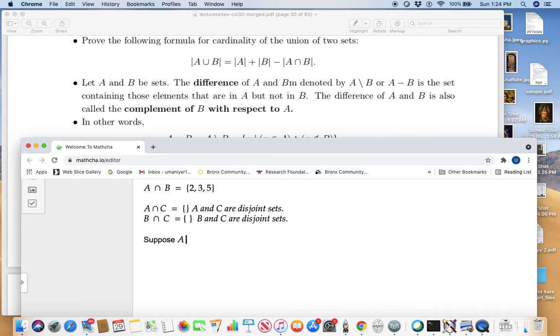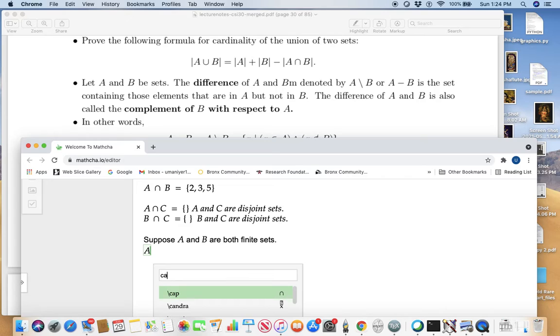Suppose A and B are both finite sets. So what do we do now? A and B may or may not be disjoint, right? What if there is something in common?